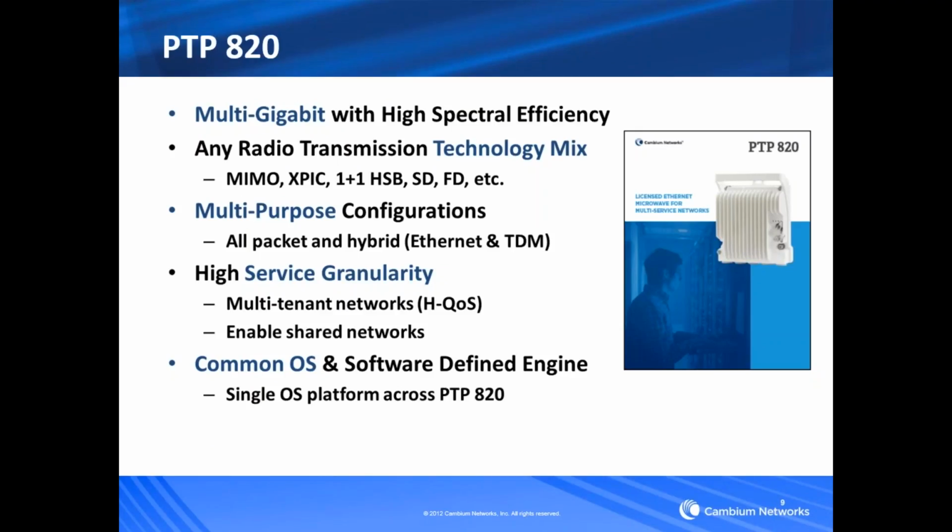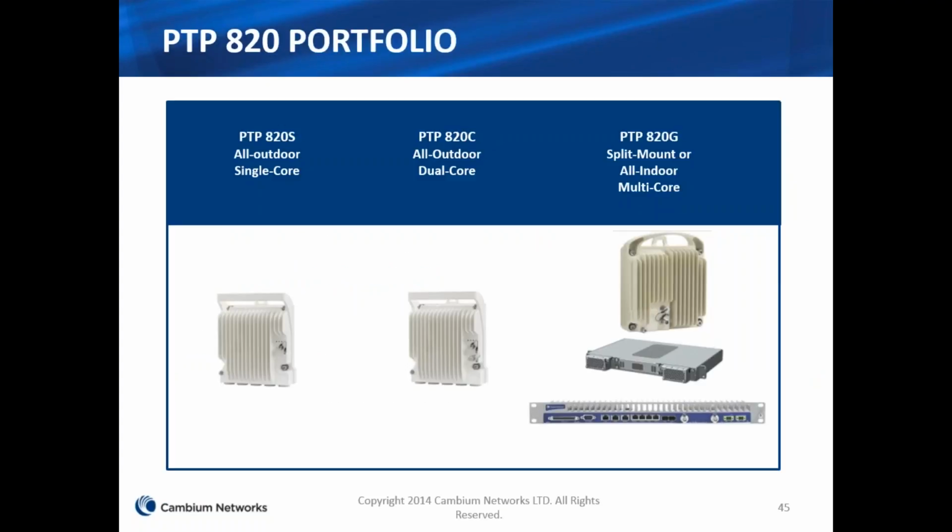Most importantly, it is 2 cores in one package. Jeff talked about the price associated with leasing a tower, and how size is critically important. That's where the 820 shines. Next slide, Colin. The 820C that we're talking about here is 2 1-gig cores in one box.